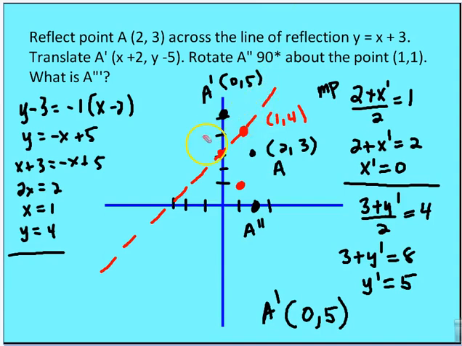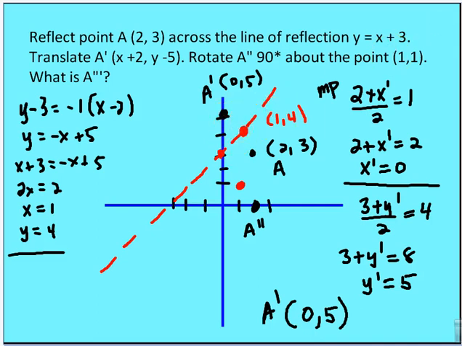Okay, so we're going to recall we've done some work before this about reflecting points across any line of reflection. So we know that the reflected point A to A prime, which we haven't figured out mathematically yet, is the same distance to the line of reflection as A is.